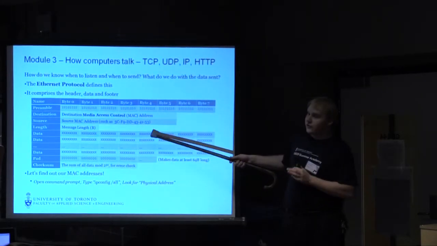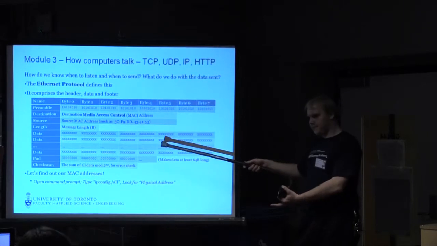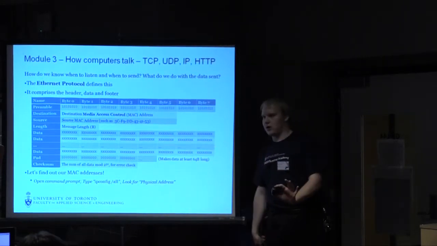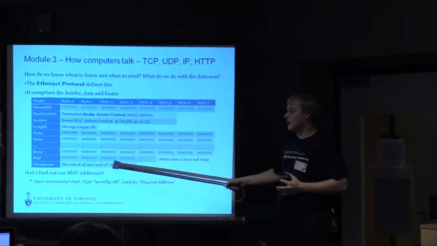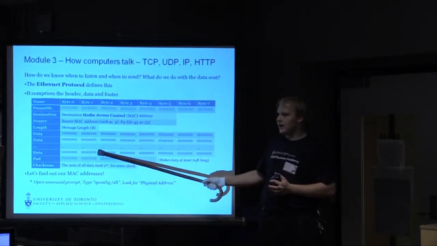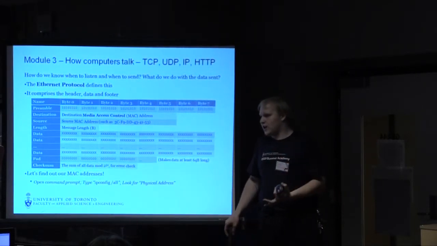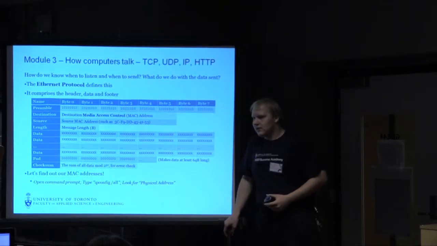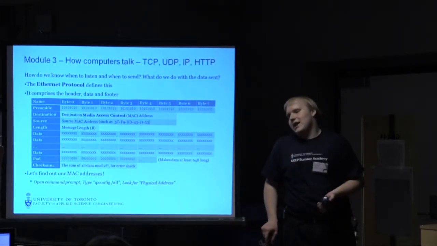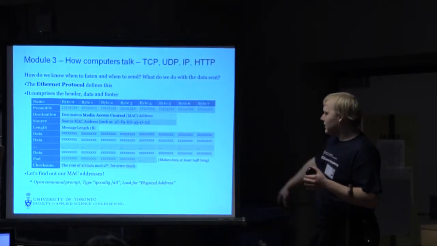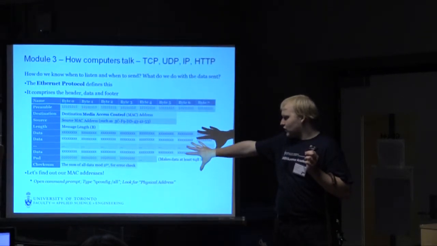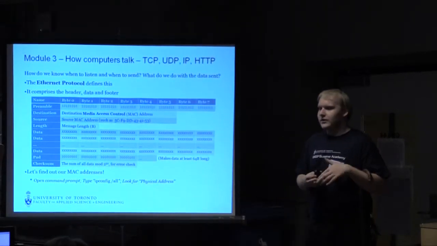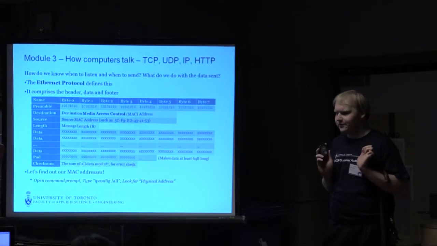The receiving computer checks the sum, and if it's not a match, it says something went wrong. Sometimes it can use the checksum to fix data that it didn't get. Other times it can say this is too damaged, send it again. And that's the basics of how Ethernet cables work. So when you send some data, it adds this header, it adds that checksum and pad footer, and it'll send it along. Any questions?